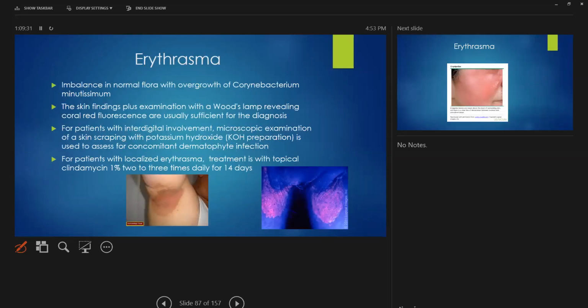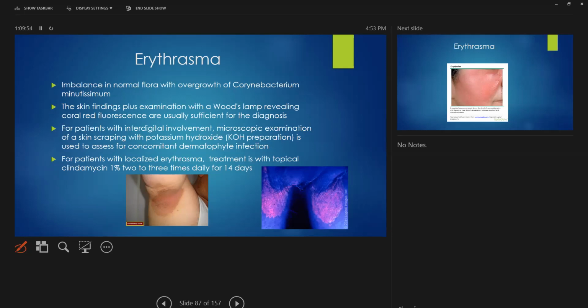Erythrasma. So erythrasma is an imbalance in your normal flora causing an overgrowth of corynebacterium and then resulting in these plaques. So the way to diagnose erythrasma is to use a Wood's lamp, and it will fluoresce this red color. You can also see it in between the digits on people.